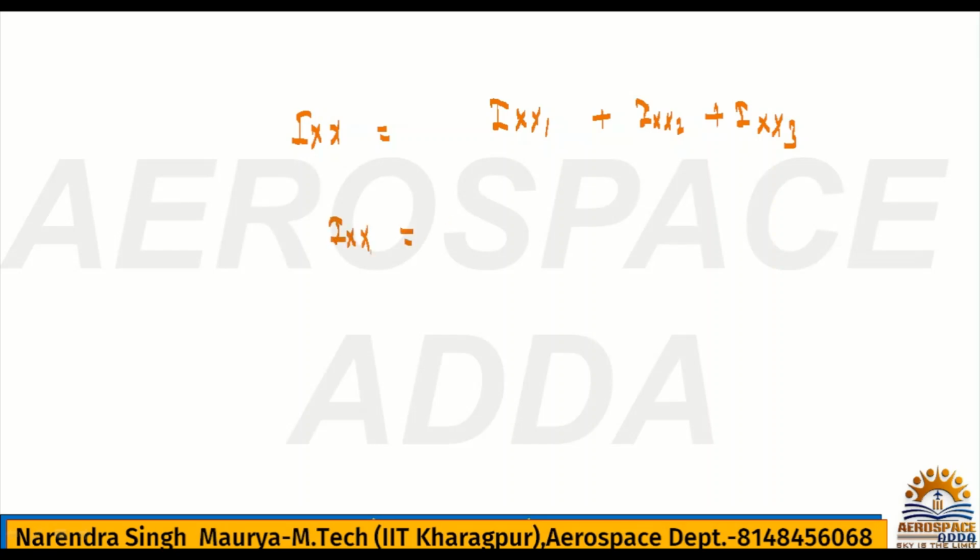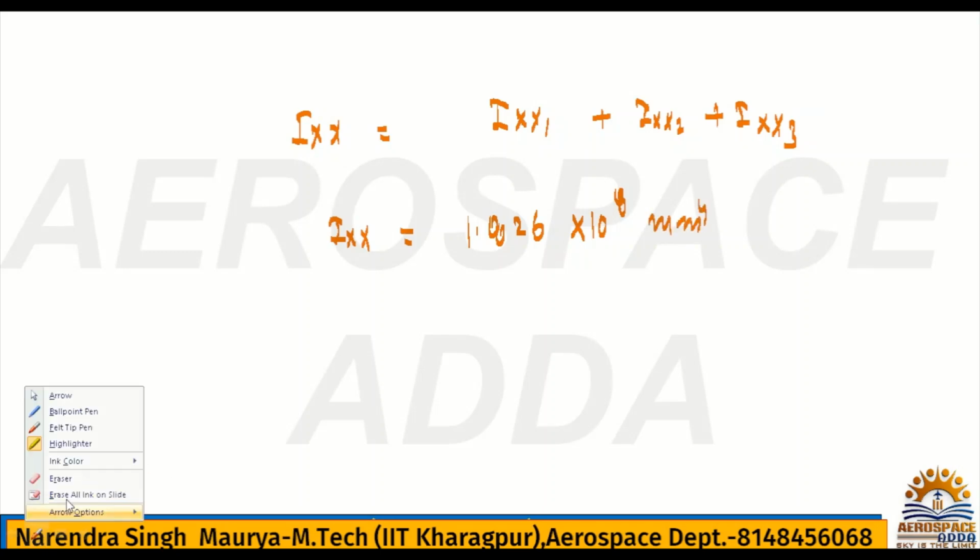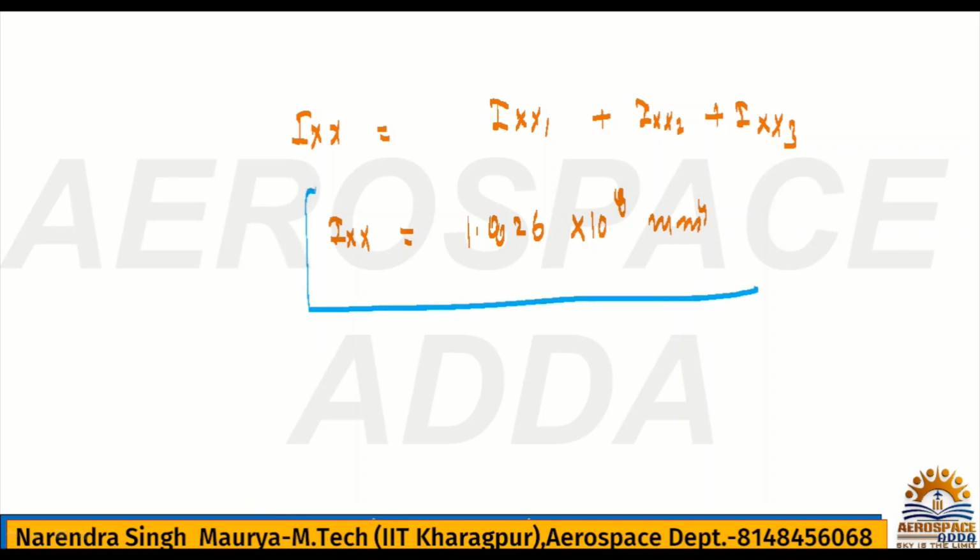Tell me. Sir, it is coming 1.826 into 10 raised to 8. Then this is the moment of inertia for the complete section Ixx. For the complete I section, we have calculated Ixx. That's all. Done.